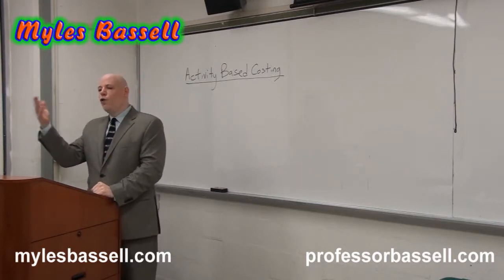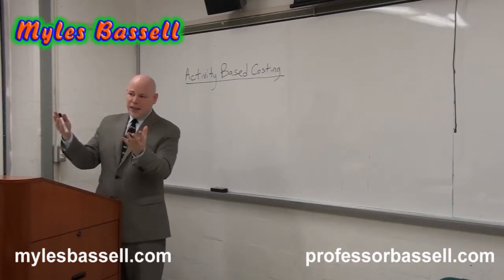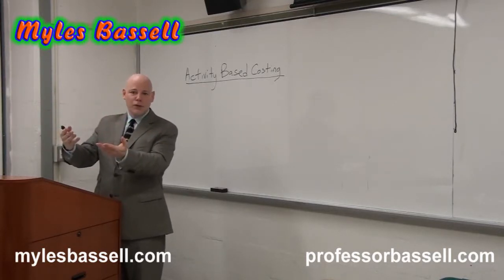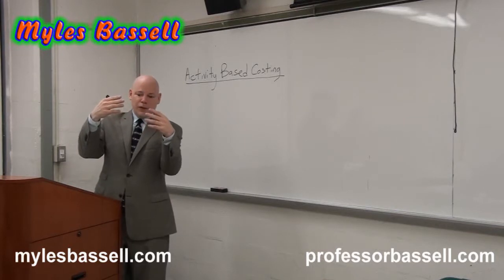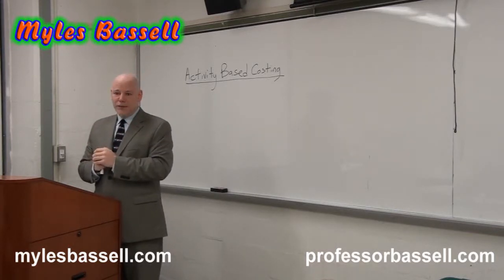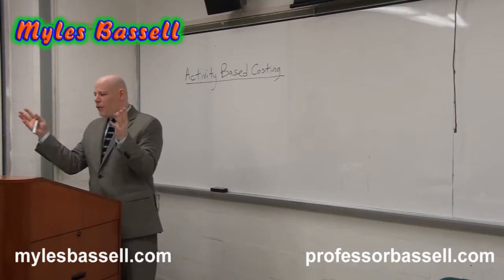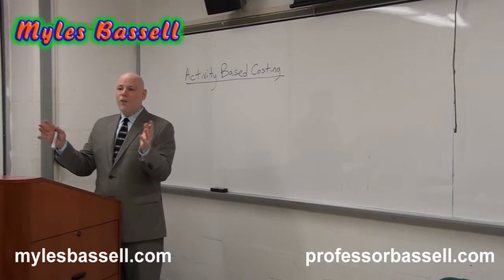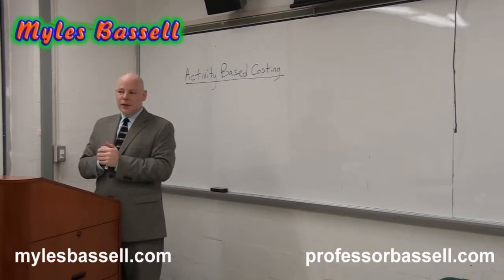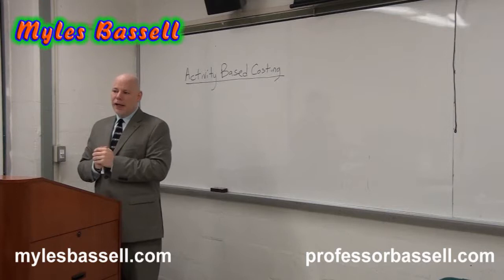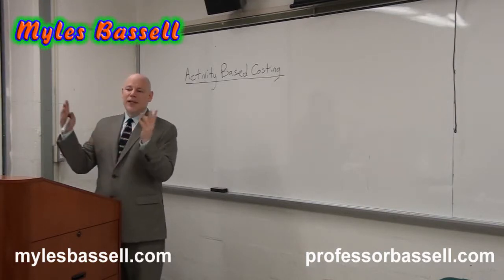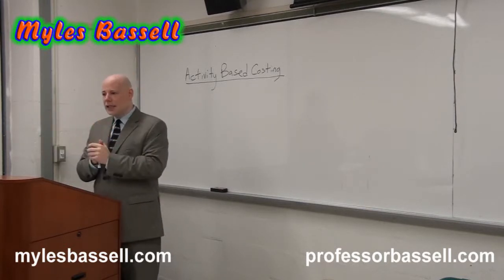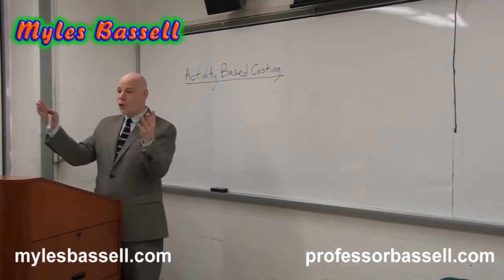And not all overhead is tied directly to the amount or the number of hours that laborers are expending. So if we have a manufacturing facility that makes 6 different products, and we have manufacturing overhead, that's a very complex organization that really doesn't lend itself to using direct labor in most cases, right? That's a generalization. It depends on a specific organization.